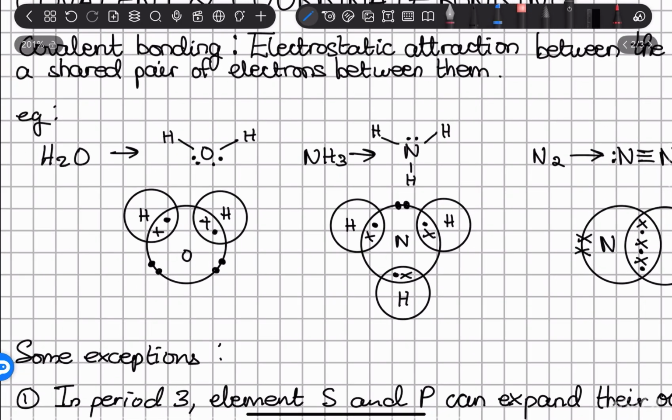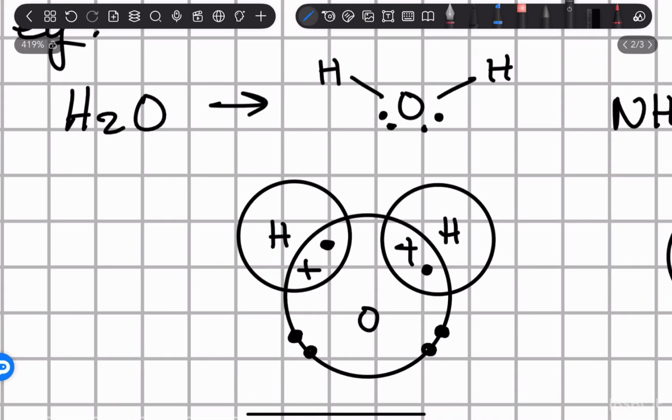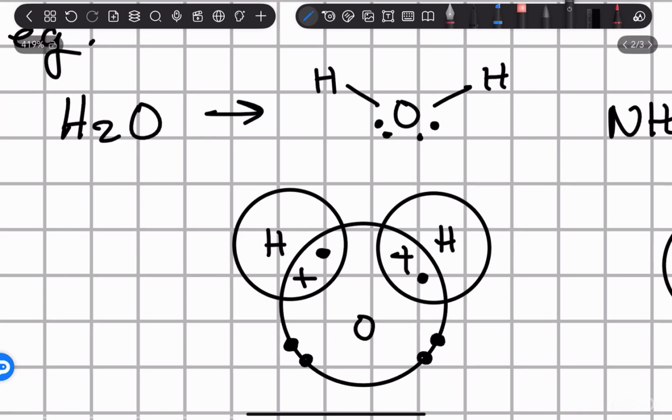We have water as our first one. In water, which is H2O, you have two hydrogens and one oxygen. This is how you would draw the simplified structure of the molecule. You usually draw the two pairs of electrons that are not used in bonding as lone pairs. So they're sitting alone outside the oxygen here.